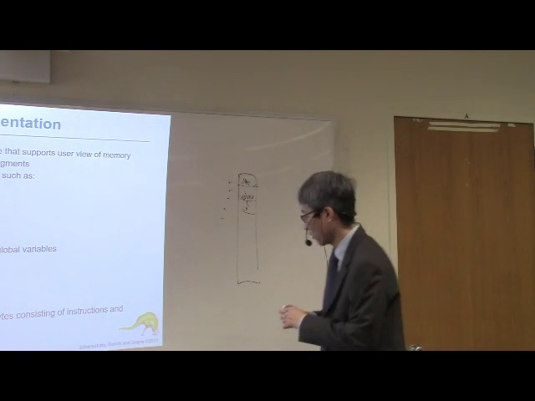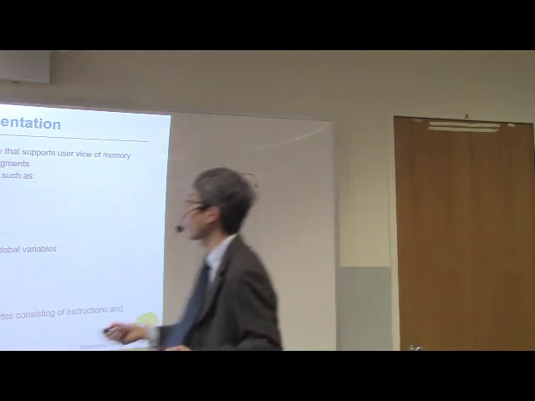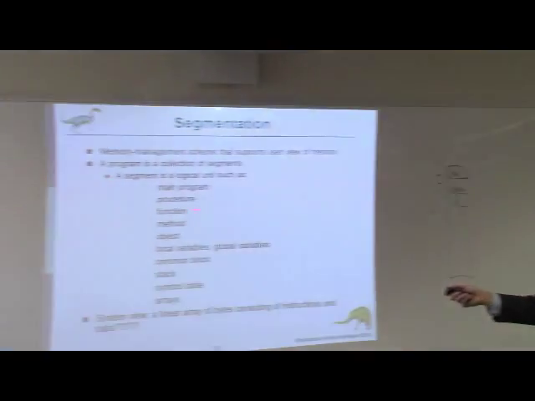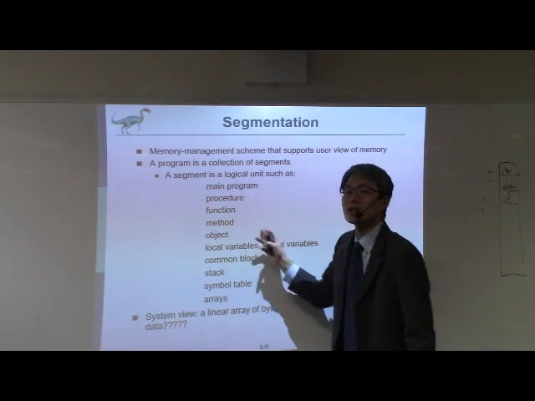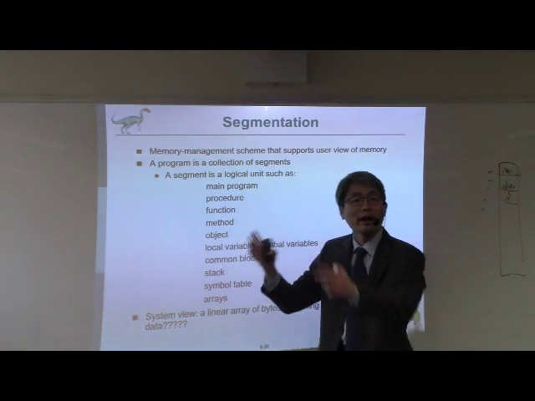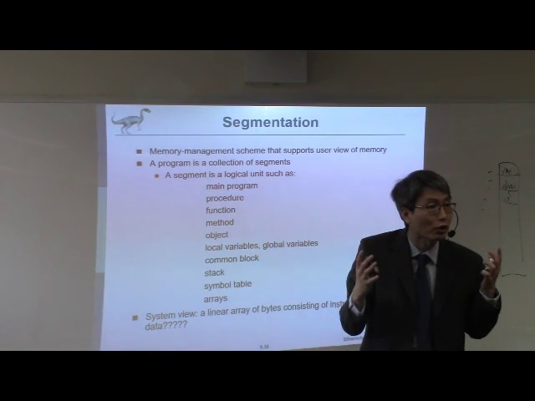So we can decompose one program into the main program, certain procedures, functions, methods, or objects, sometimes local or global variables, and each has a group of instructions with the same meaning and functionality.